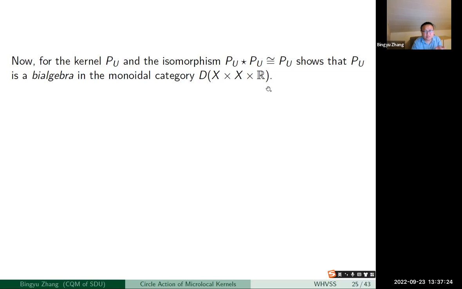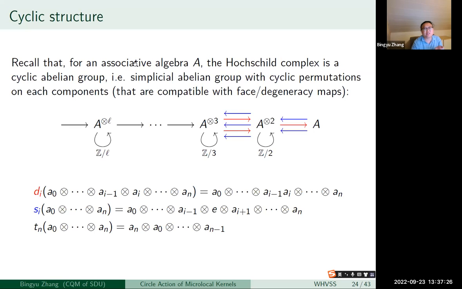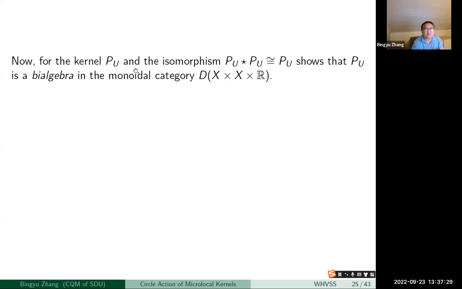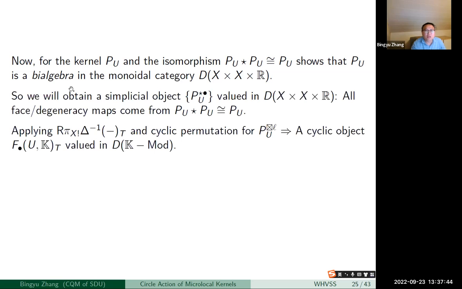It's similar to the associative algebra case that we have a bind algebra, and even though we don't have a co-unit here, eventually we can verify some compatibility condition of the Fisher map and the degeneracy map using this bind algebra structure. In this way, we collect every copy of the self-convolution. We get a simplicial object in the Dirac category, and the Fisher map and degeneracy map just come from the identity.